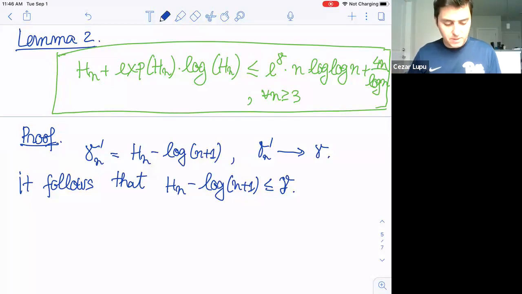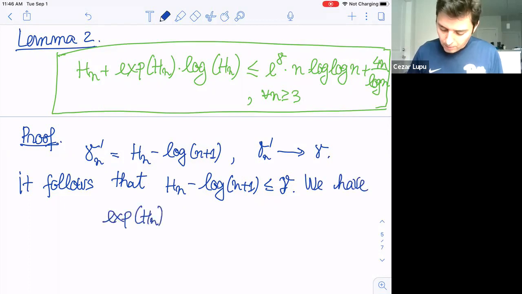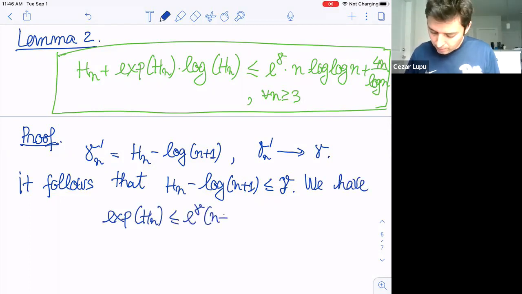Now, taking the exponential, we will have that the exponential of hn is less or equal than e to the gamma times n plus 1, right? Okay, so I got this out of my way.